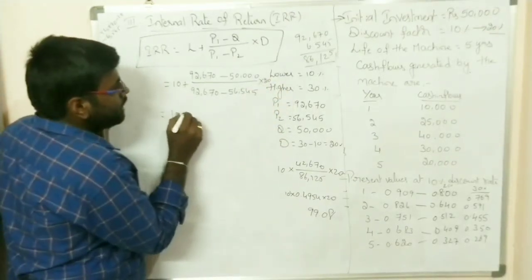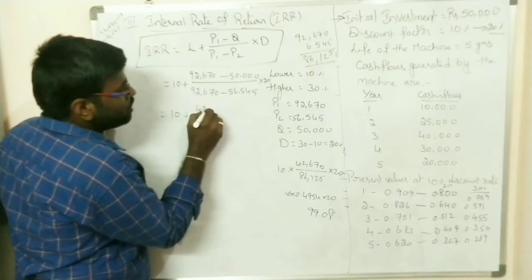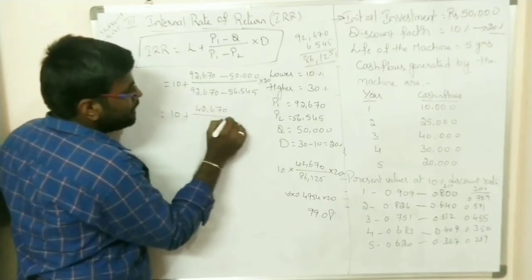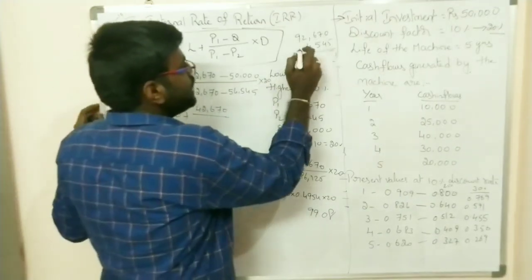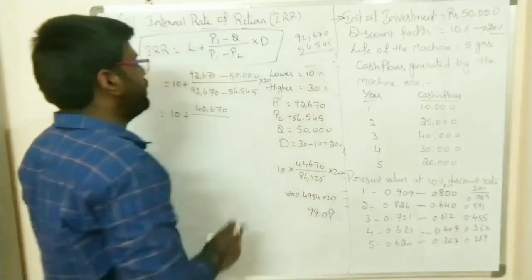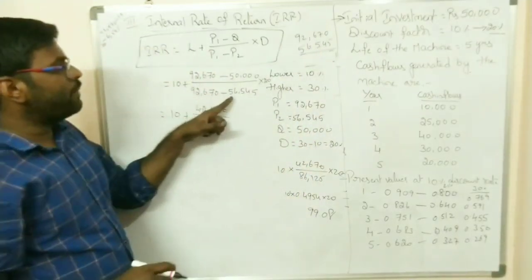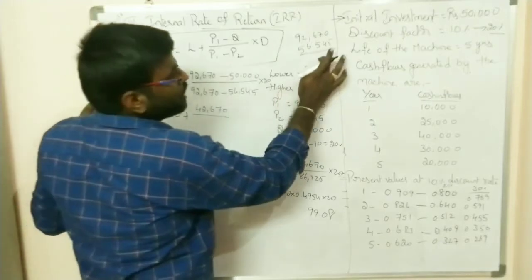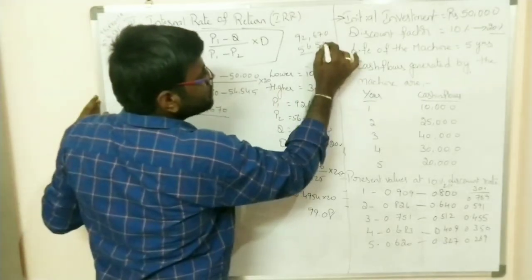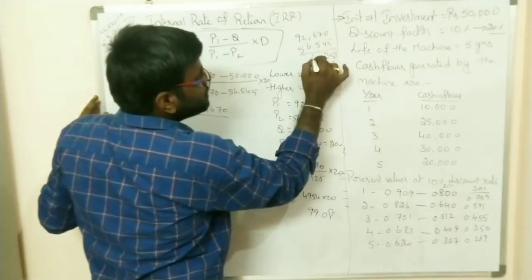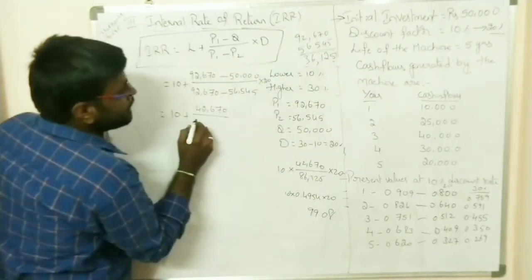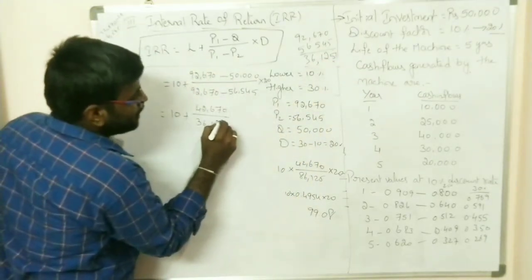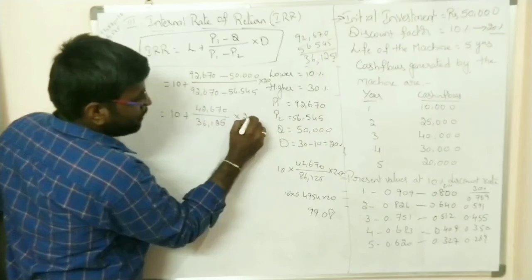So now, 10 plus 42,670 divided by 92,670 minus 56,545, which becomes 36,125, into 20.